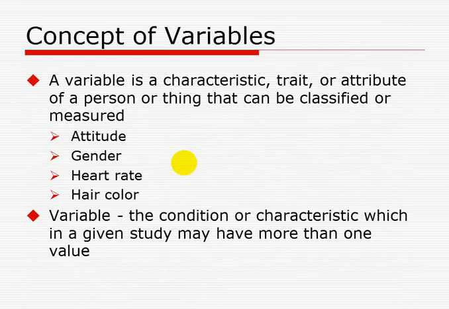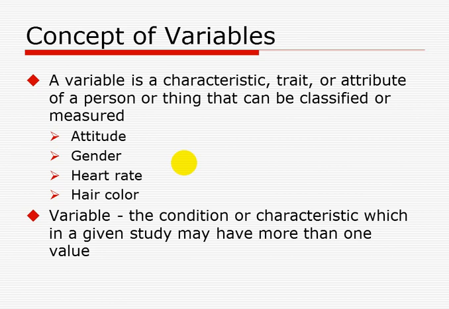All right. So next, the concept of variable. What is a variable? A variable is a characteristic, trait, or attribute of a person or thing that can be classified or measured.